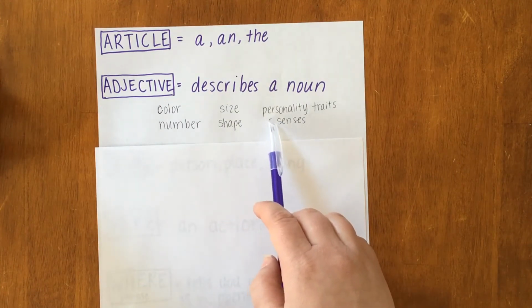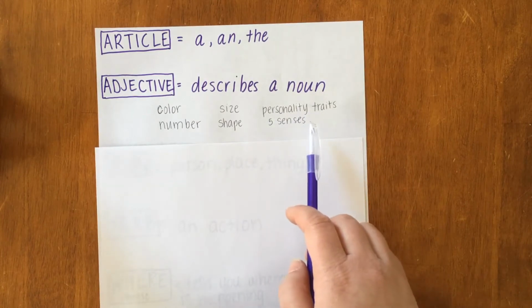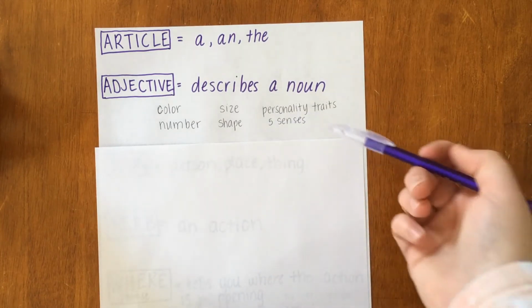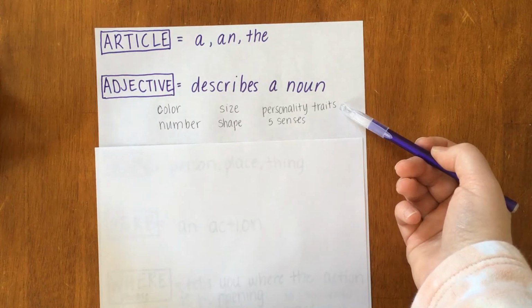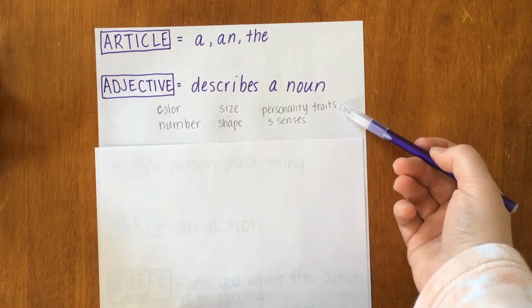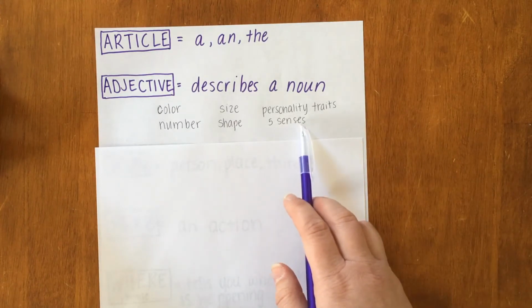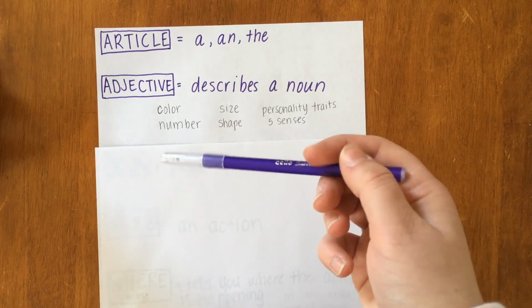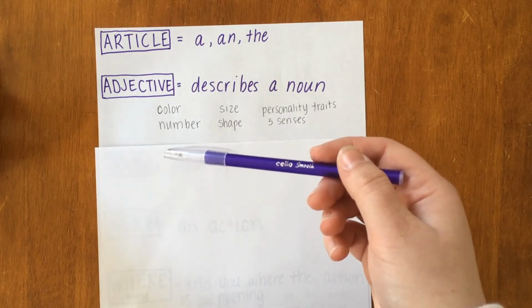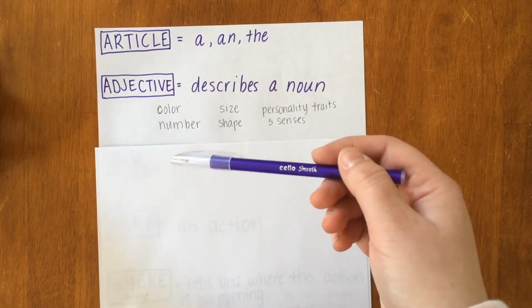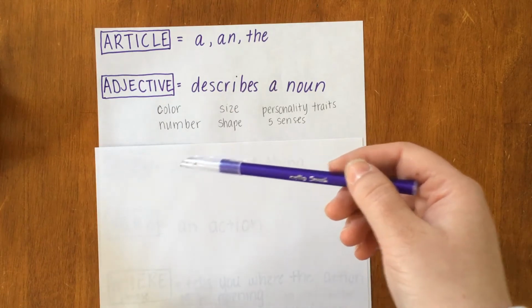If your noun is a person, for example, the mother, you could talk about personality traits like kind, genuine, thoughtful. Or you could use your 5 senses. Maybe I have a scented pen and it smells like grape. I could call it the grape scented pen.